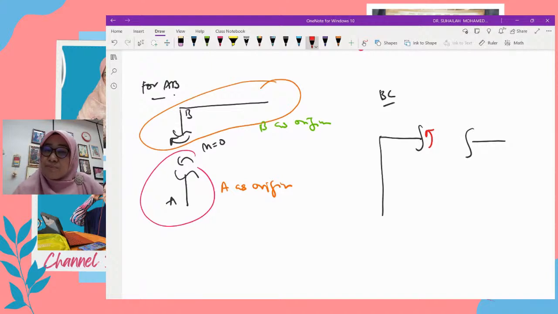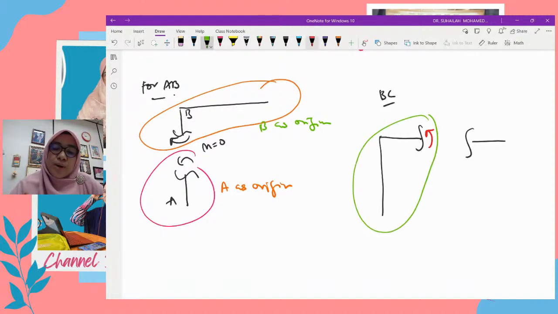If we choose B as origin, this is when B is the origin. And when B is the origin, the moment is counterclockwise. What if we choose this one?